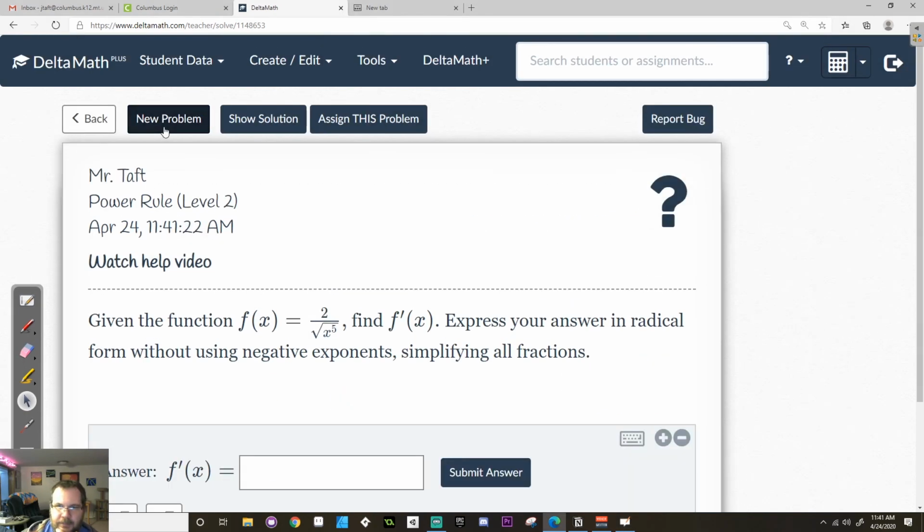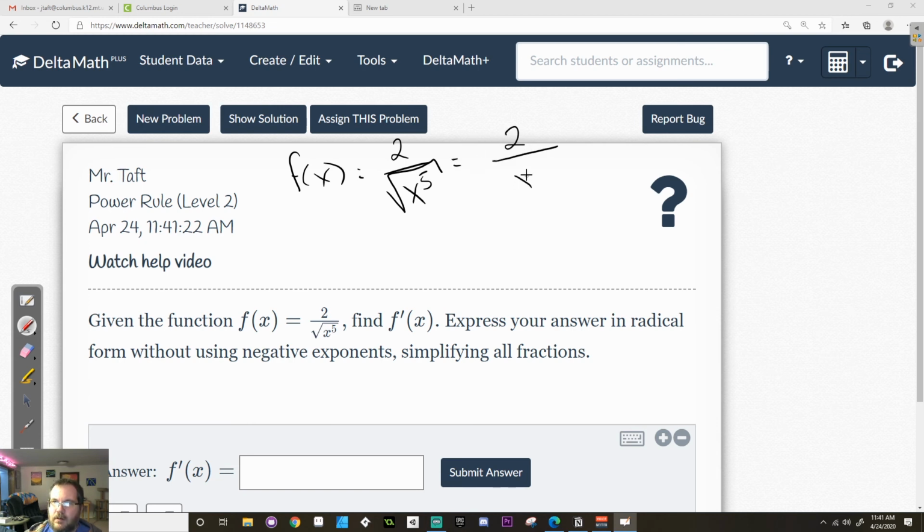So let's look at another one of these. So here we've got f of x is equal to 2 over the square root of x to the 5th. This is the same as saying it's 2 over x to the 5/2.